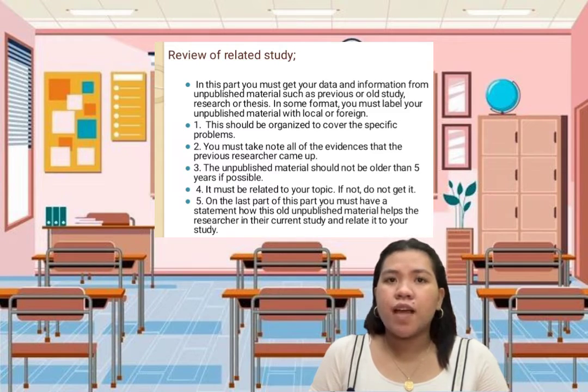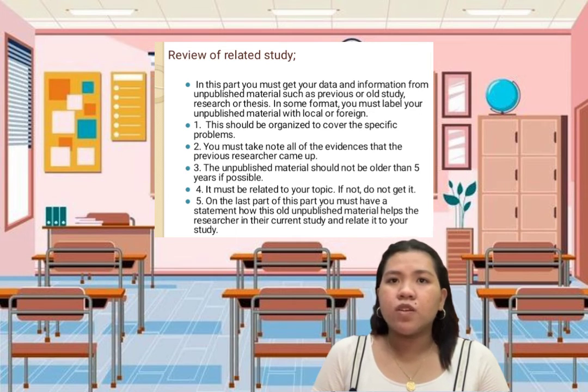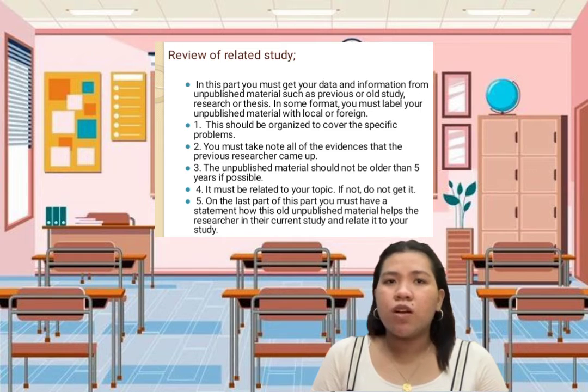Review of related study. In this part, you must get your data and information from unpublished material such as reviews of old studies, research, or theses. In some formats, you must label your unpublished material with local or foreign. Number 1, this should be organized to cover the specific problem. Number 2, you must take note of all the insights that the previous researcher came up with.